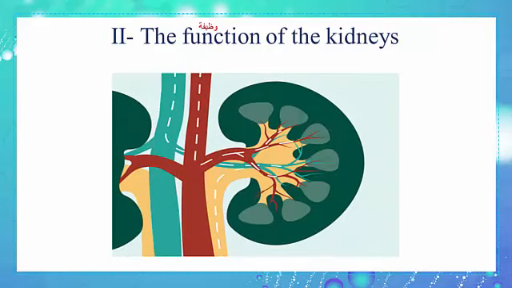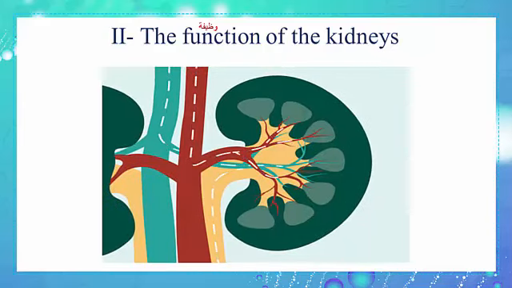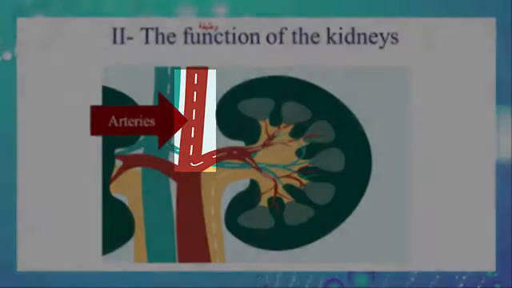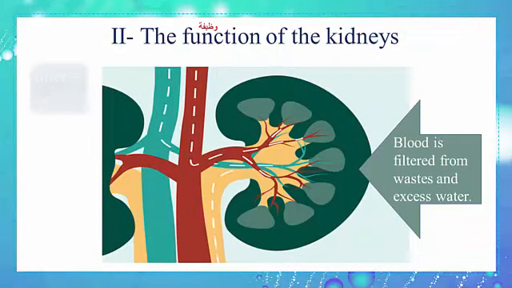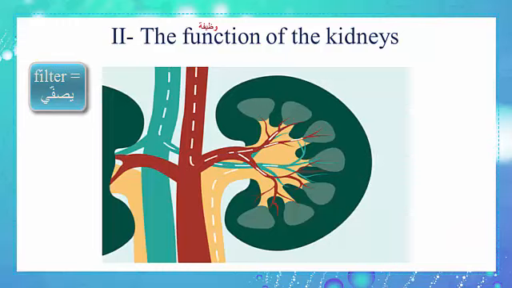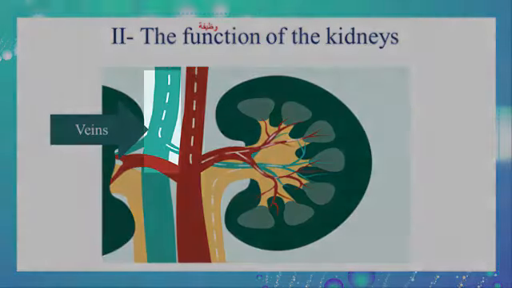First, our blood enters the kidneys through the arteries, which are blood vessels. This blood is filtered in the kidneys from wastes and excess water. Then the blood leaves the kidneys through the veins, which are another type of blood vessels.